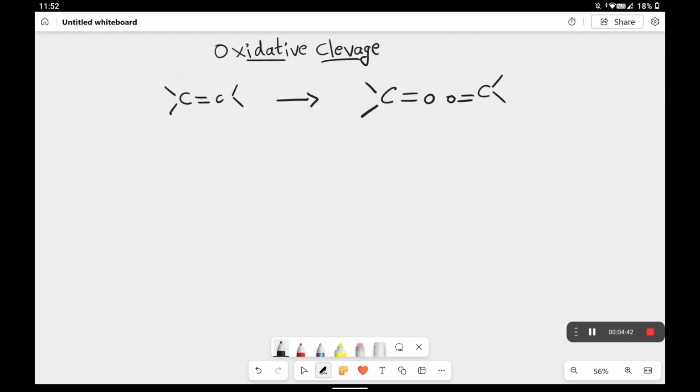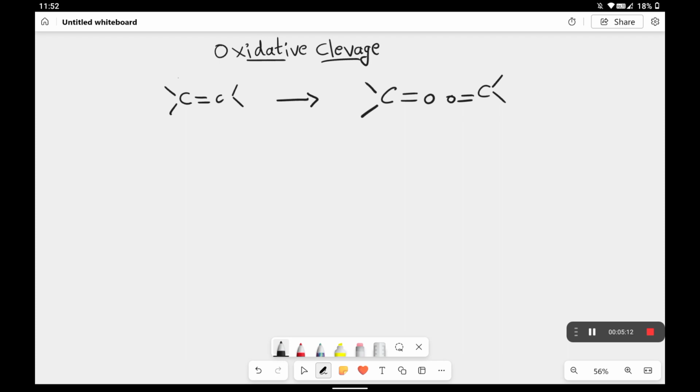It means the carbon-carbon double bond undergoes breakage and leads to the formation of two separate compounds, or the alkene double bond disintegrates. The dissociation of the carbon-carbon double bond using strong oxidizing agents is called oxidative cleavage. As the name indicates, we are using strong oxidizing agents here.